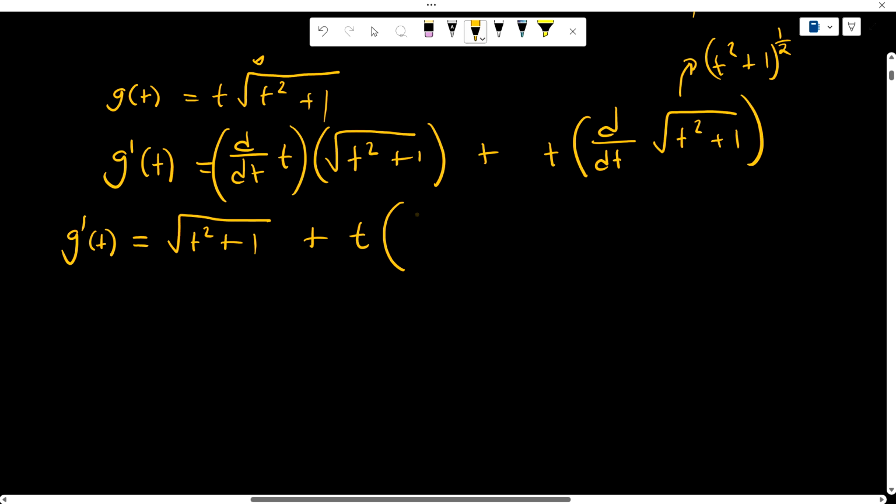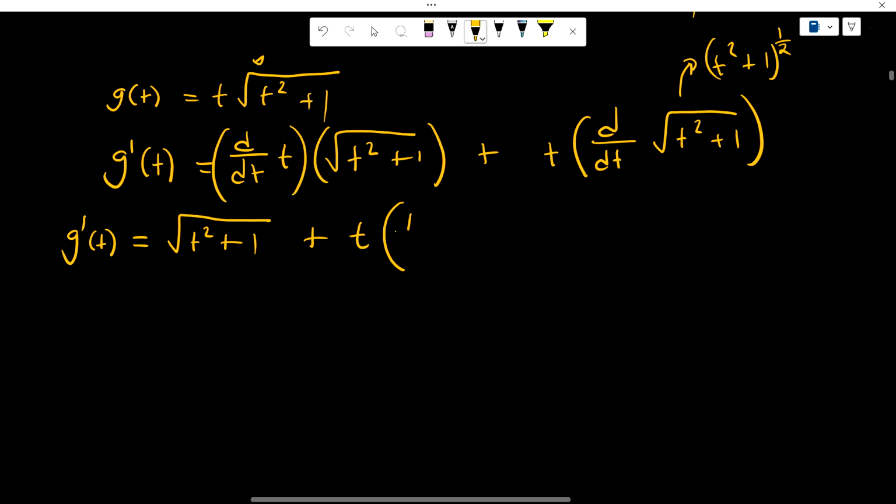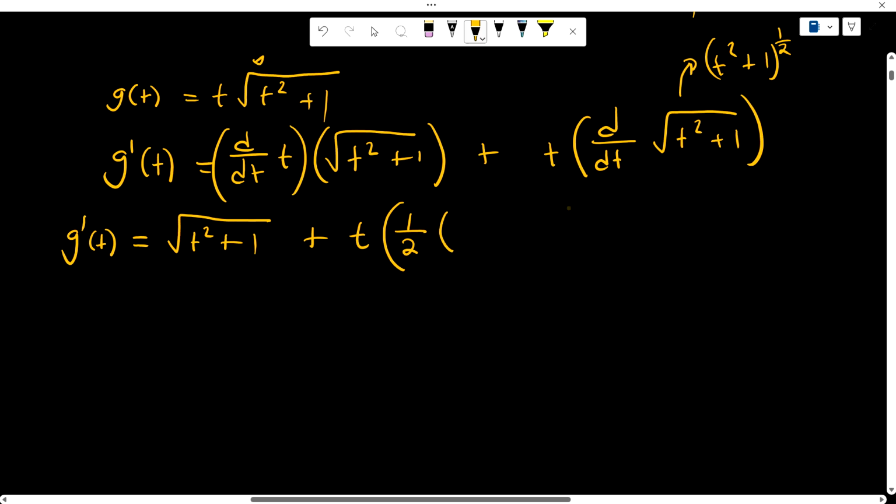And then you can differentiate, right? Remember, you bring that one in front, and therefore you'll have a half times t squared plus 1 raised to the power a half minus 1, and then times the derivative of what's inside, which is 2t, right?